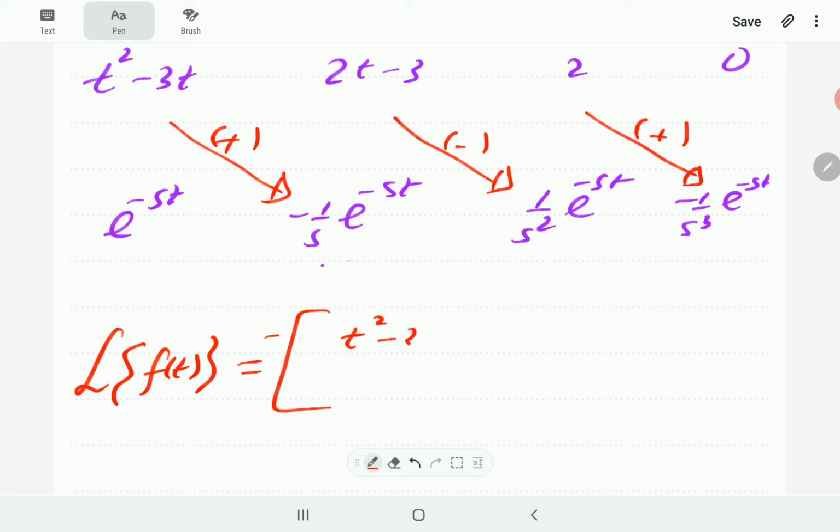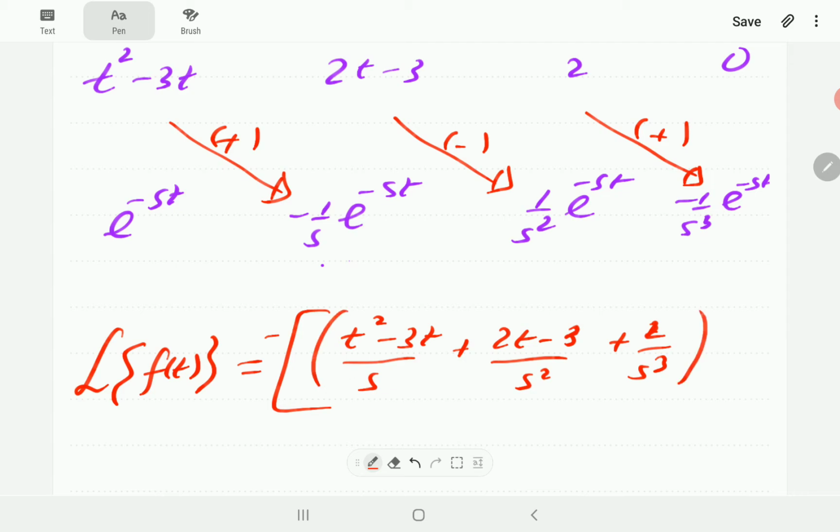T squared minus 3t over s, 2t minus 3 over s squared, 2 over s cubed, and then times e to the minus st from 1 to infinity.